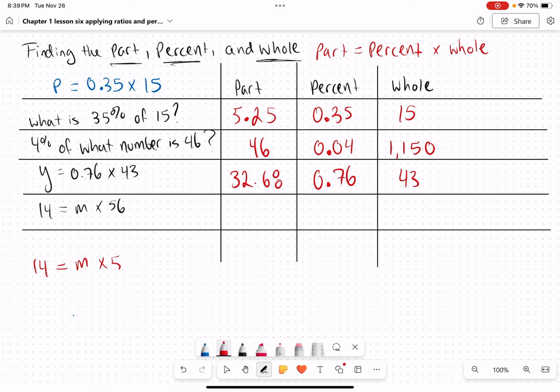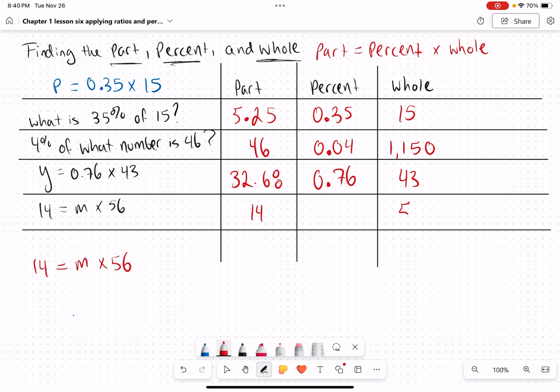Okay. And now let's compare the last equation, the fourth one, to the percent equation. m times 56 equals 14. And we know that the part is the only one that's alone. So 14 is the part. And the only two things that are being multiplied are the percent and the whole. We don't have the percent yet, but we do have the whole, which is 56.